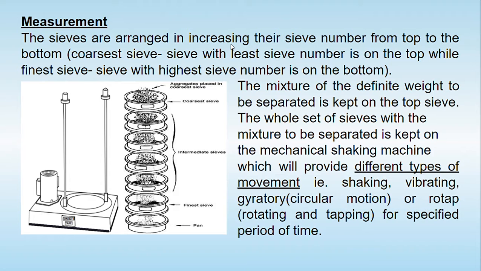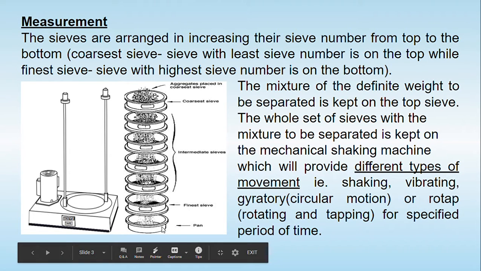Here the sieves are therefore arranged in increasing order from the top to the bottom, from the coarsest sieve to the finest sieve, and the mixture to be separated is placed on the coarsest sieve. At the bottom we keep a pan to collect the particles passing through and coming out from the final sieve.